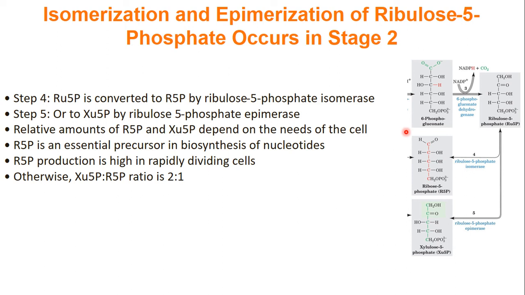So we have this Ru5P that we just made, and we're going to convert that to ribose 5-phosphate by ribulose 5-phosphate isomerase, so shown here. An alternative fate for ribulose 5-phosphate is to turn it into Xu5P, xylulose 5-phosphate. Actually, the same enzyme is going to be doing this.